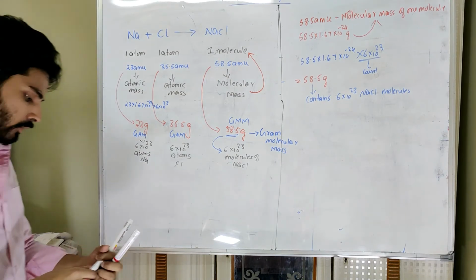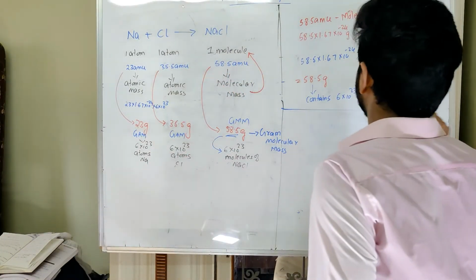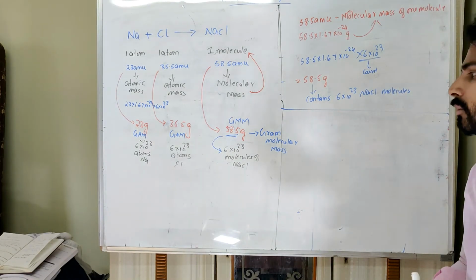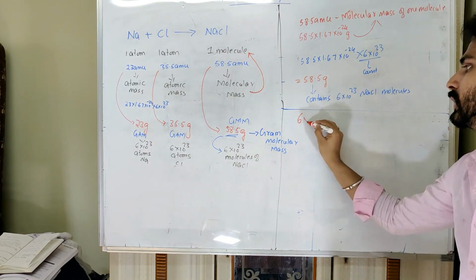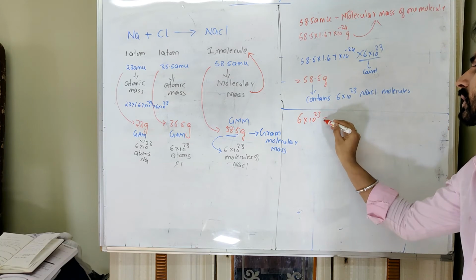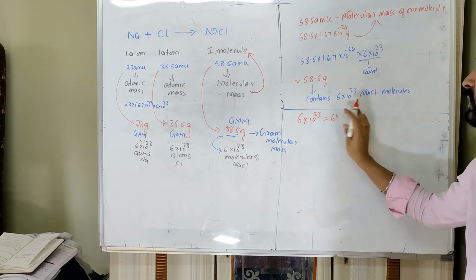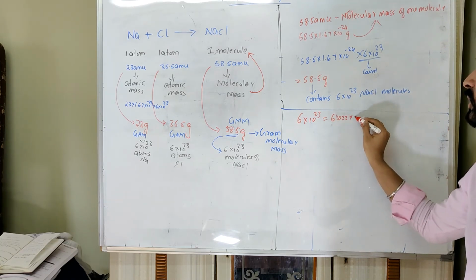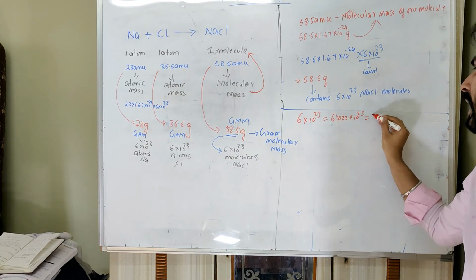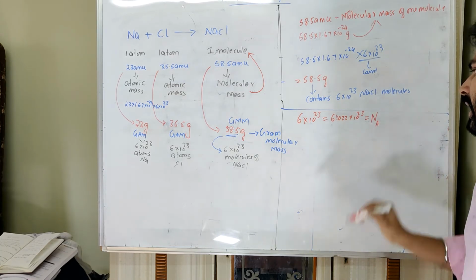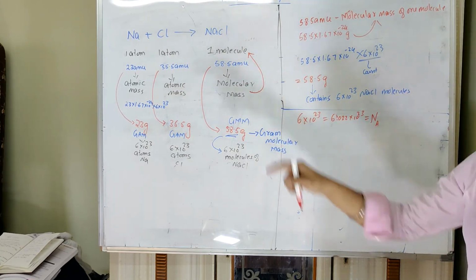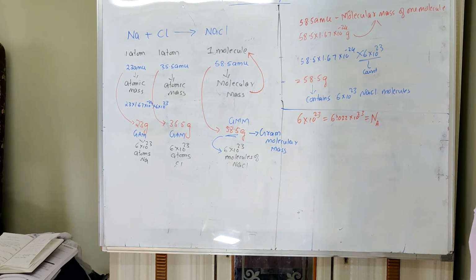So we conclude now. We understood the importance of this number. 6 into 10 raised to 23 is to be very precisely called 6.022 into 10 raised to 23, and it is denoted as NA. Don't consider it as sodium. Sodium has a small letter a and it is not subscripted.